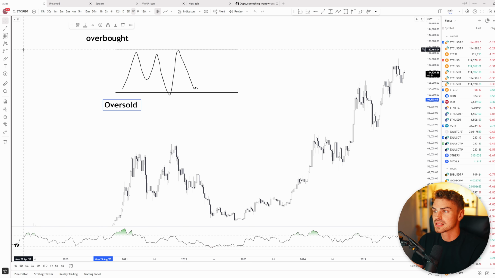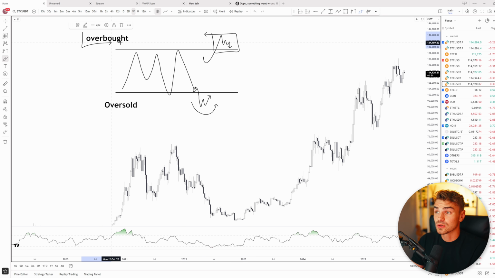And then it is as simple as when price gets down here, you should be a buyer because price is going to go higher since it's oversold. And when we get up here, you should be a seller, you should short, because price is overbought and we're going to reverse, right? These are the bands I'm referencing, by the way, down here.